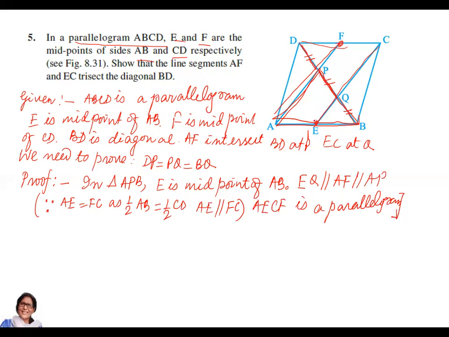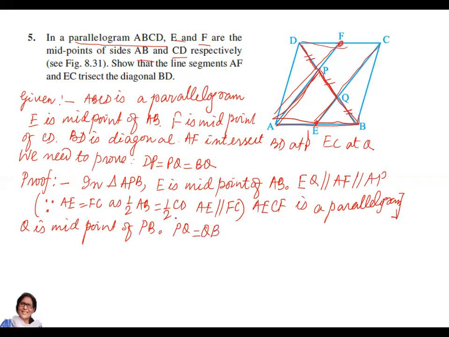So EQ is parallel to AP, E is midpoint of AB. So certainly Q is midpoint of PB. So when it is midpoint, I can write PQ is equal to QB.